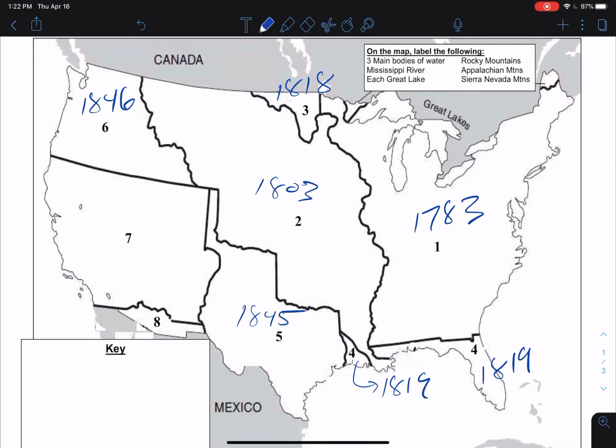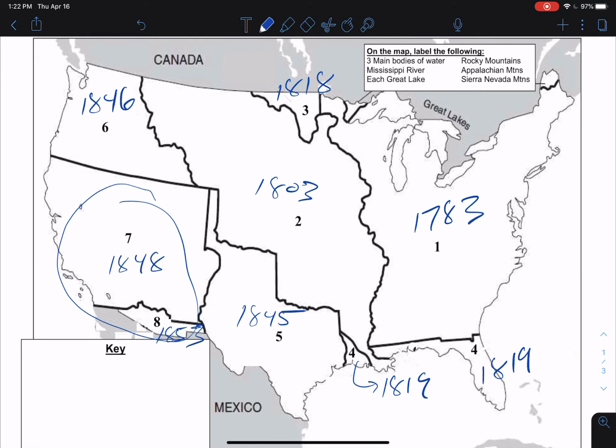So the Treaty of Guadalupe Hidalgo helped us acquire these territories. And we got this section 7 here, the Mexican Cession in 1848, and we complete Manifest Destiny of the mainland in 1853.